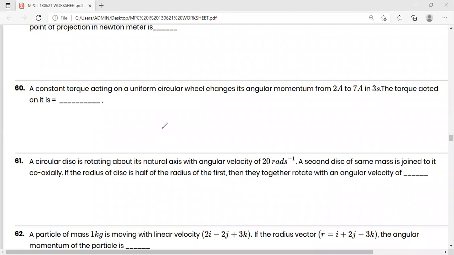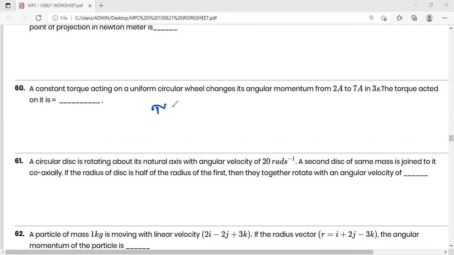Question number 60. A constant torque acting on a uniform circular wheel changes its angular momentum from 2a to 7a. A is not the unit there; 2a is simply the angular momentum value. So from 2a to 7a in 3 seconds, the torque acted on it is, and we know that very simply, torque is nothing but rate of change of angular momentum.